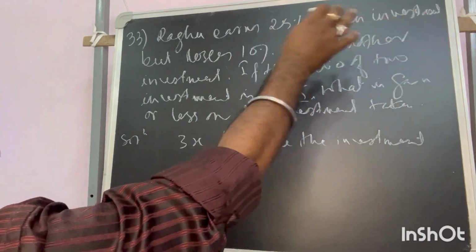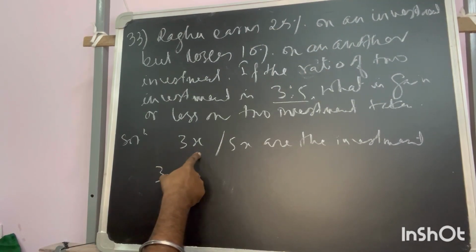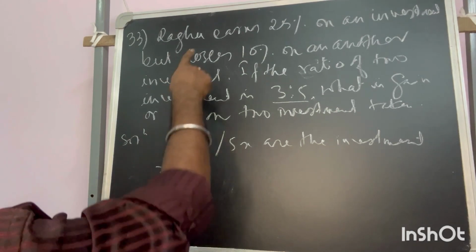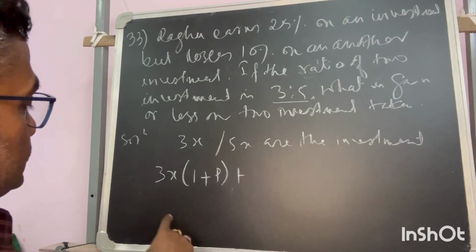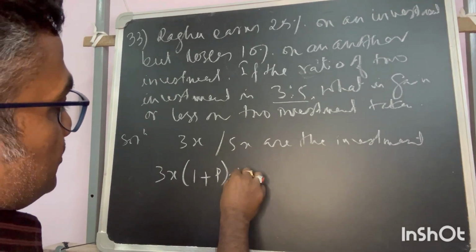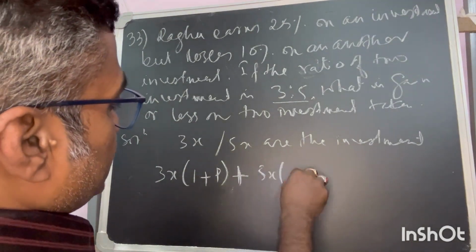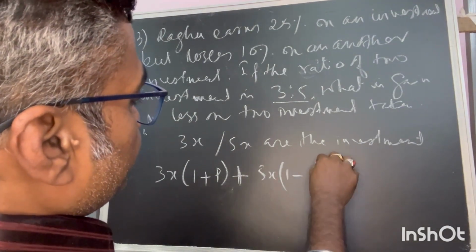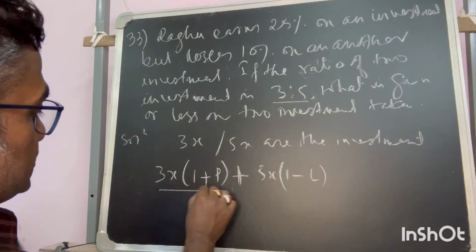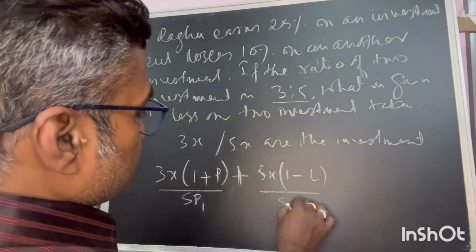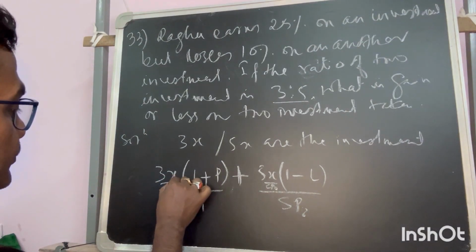25% on the first investment is profit. So if this is the investment, that means this is the cost price, and he is making profit in the first case. So this is the selling price for 3x, and for the second one with the loss, the equation will be this one. This is selling price 1, this is selling price 2, this is cost price 2, this is cost price 1.